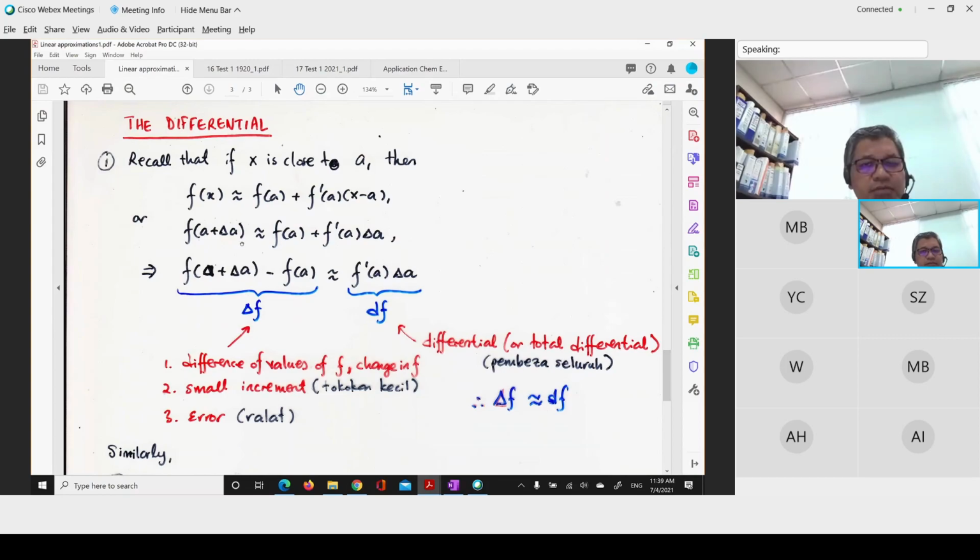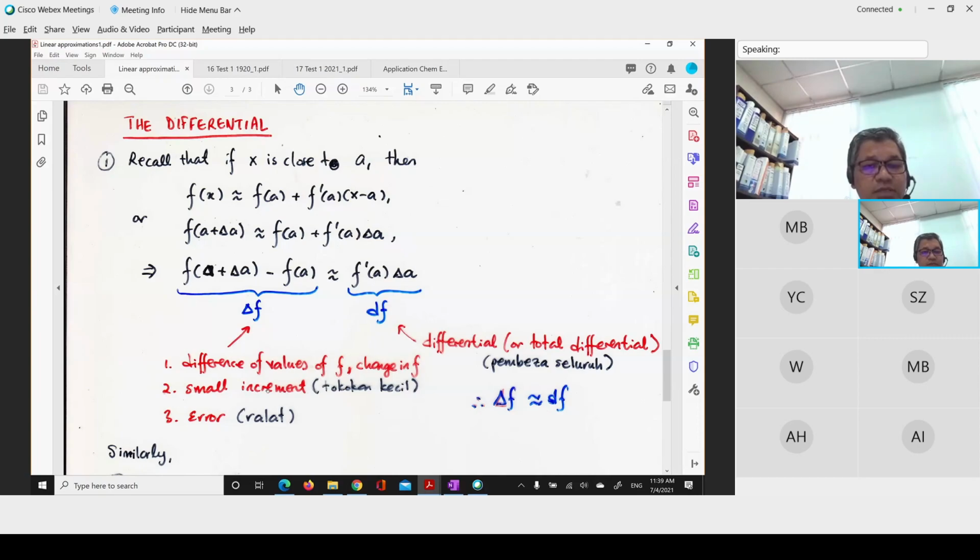Now, if I take the difference, the second expression is equivalent to the third expression here. The expression on the left can be viewed as a difference of values of f, or change in f.